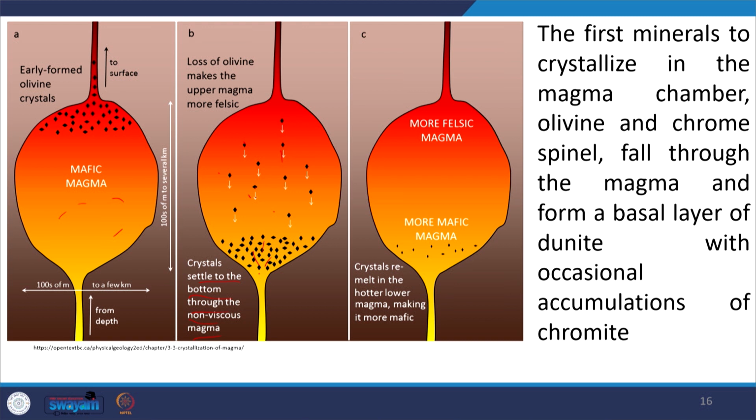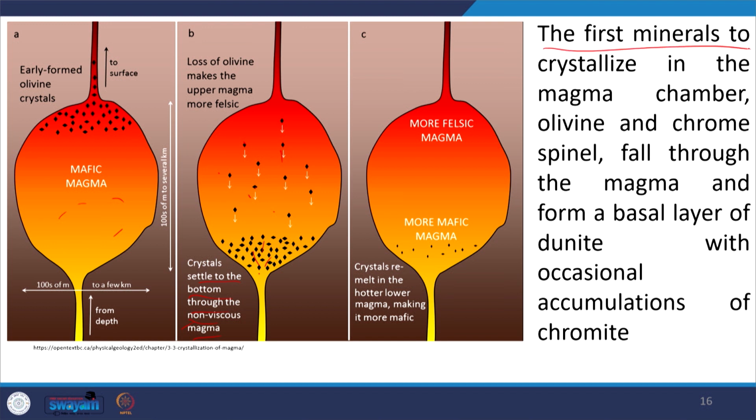So, this magma is of mafic composition and less viscous. However, once more and more mineral has settled down and differentiated, the magma becomes viscous.